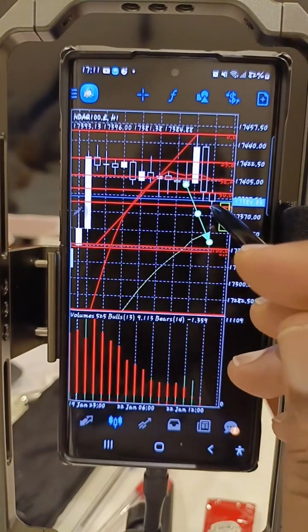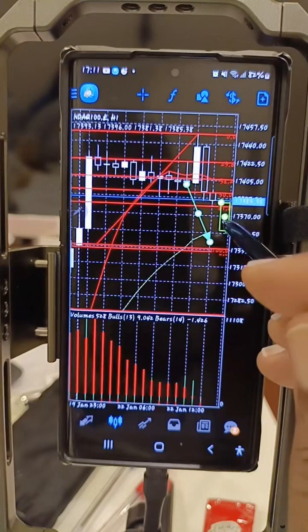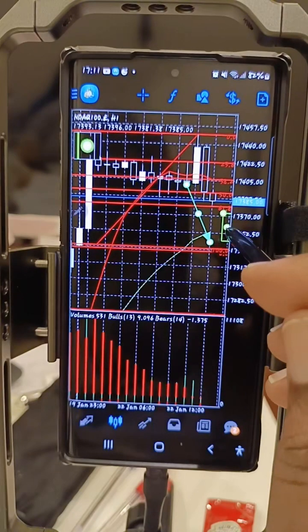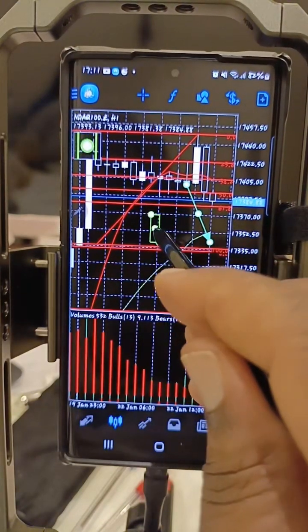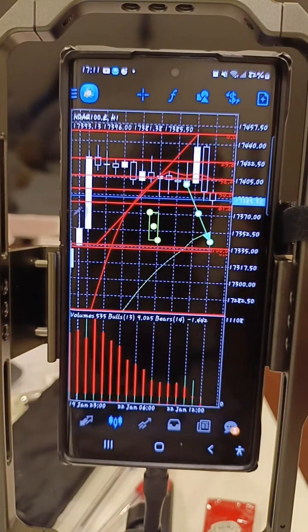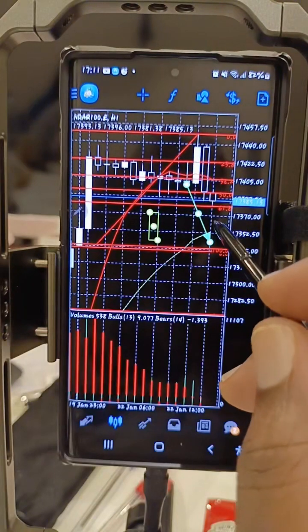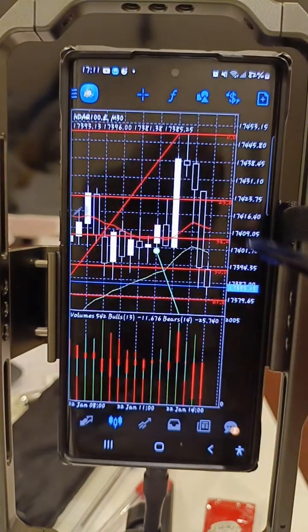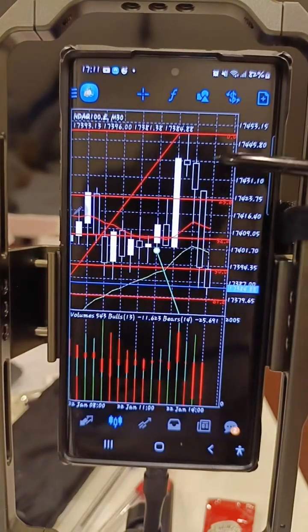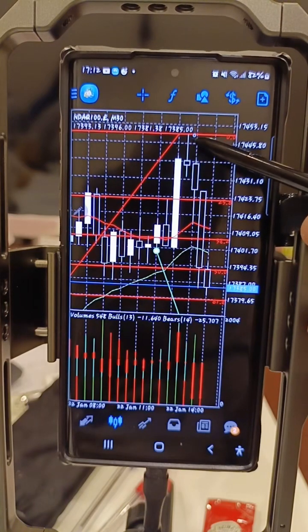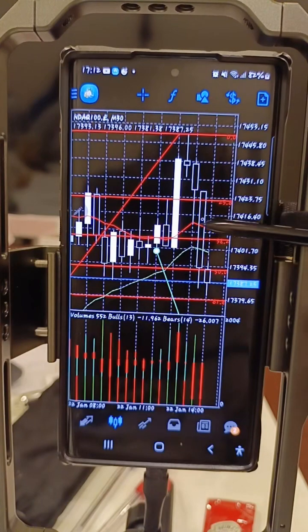Okay, so you can see here it's respecting 61.8. It's clearly respecting 61.8. All right, I've gone to 30 minutes and you can see this is the point where the seller comes in lower, then pulls back.